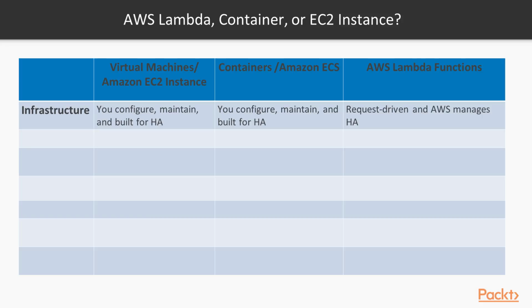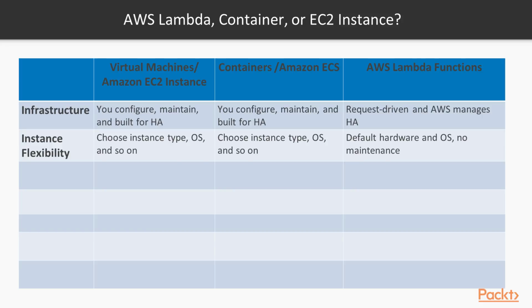For the Lambda functions, this is done on a request basis. So it's request driven. Your Lambda will spin up more Lambdas if more traffic hits your site or you get more users. In terms of flexibility, you have full flexibility in virtual machines and containers, but in the Lambda world, you have default hardware, default operating system. The upside is that there's no maintenance required on your side.